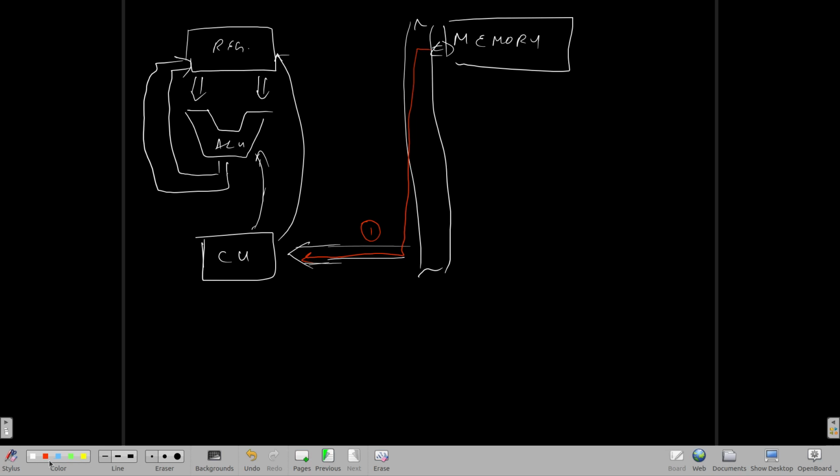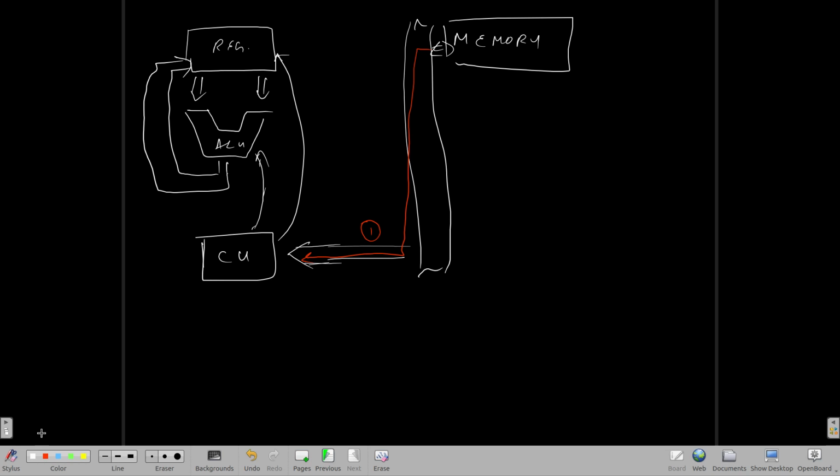The control unit decodes the instruction because it will be in a particular format in the memory and requires to be decoded. It decodes the instruction and understands what process is to be done. Once it knows that, it looks for the data.